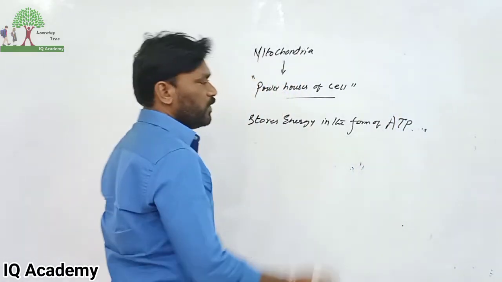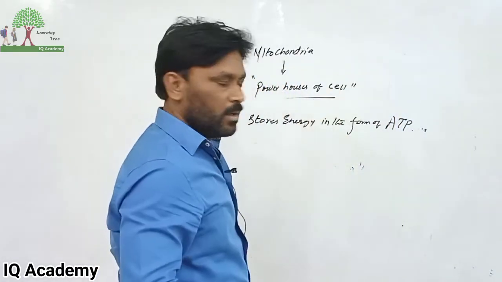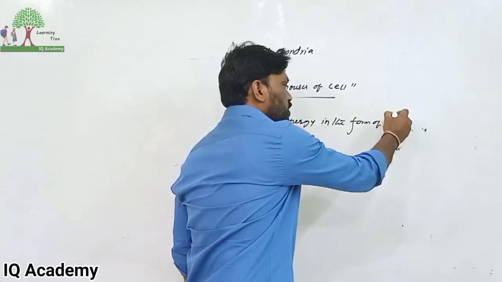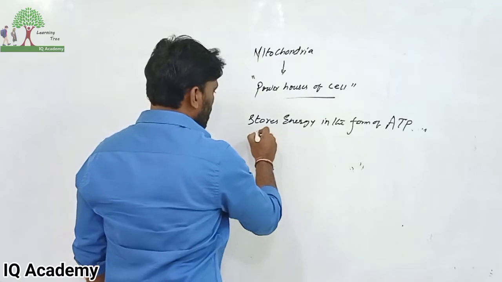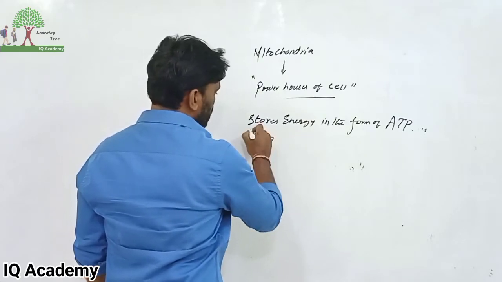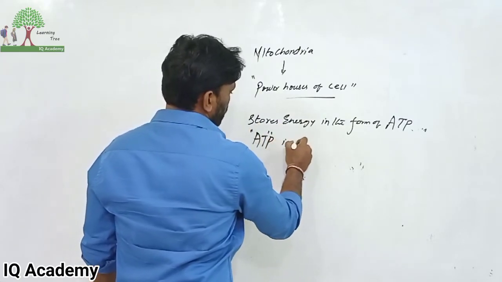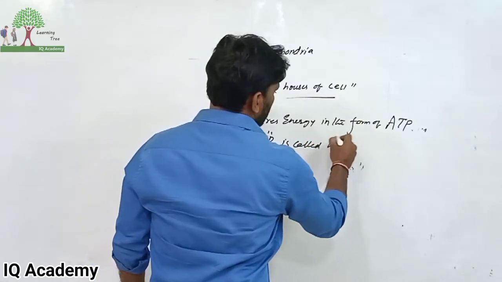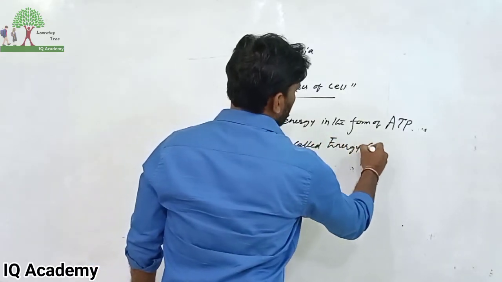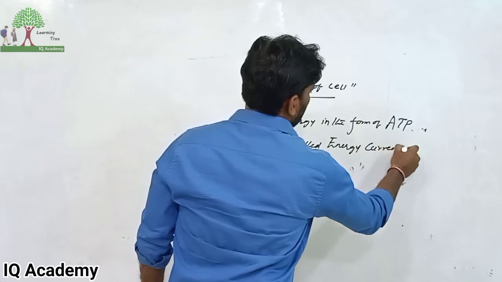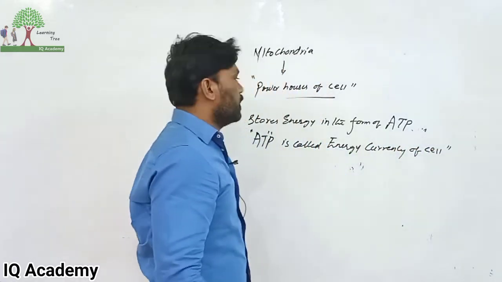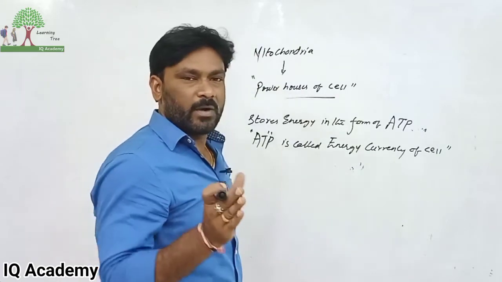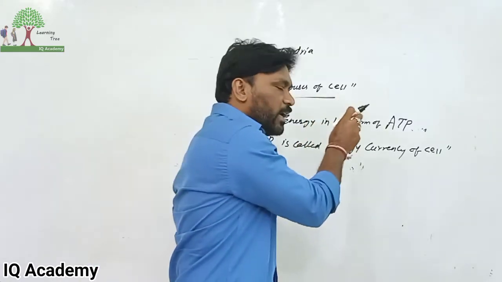What is ATP? ATP is called the energy currency of the cell. For each and every cell, the mitochondria provides energy in the form of ATP.